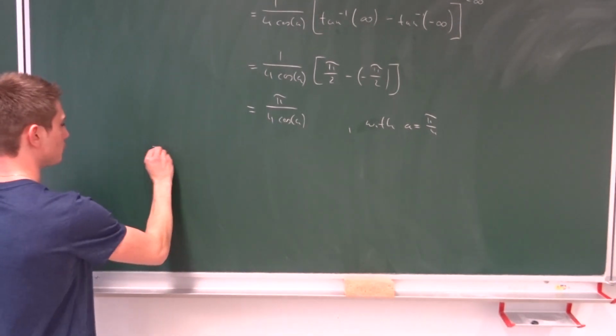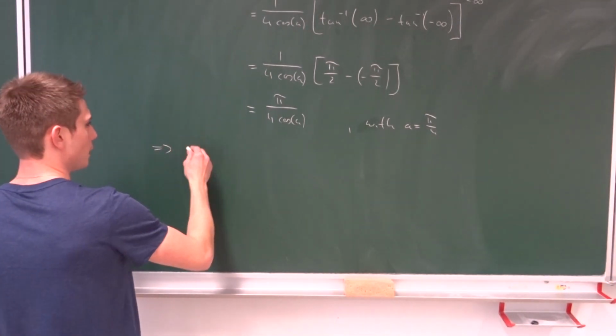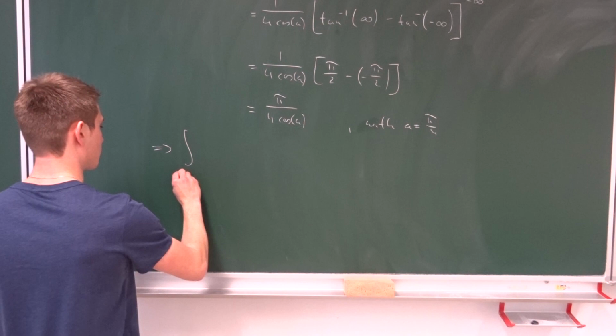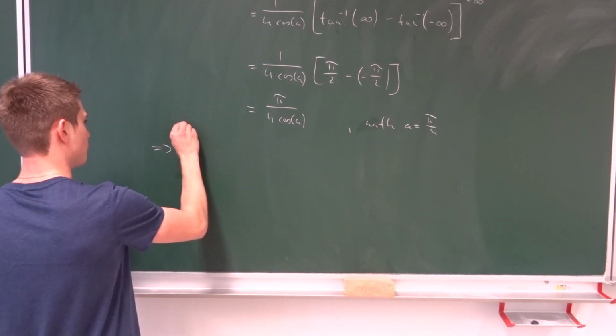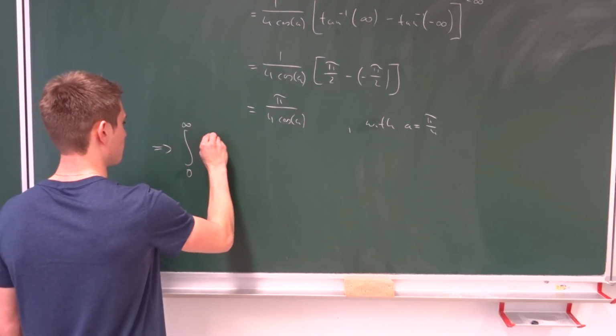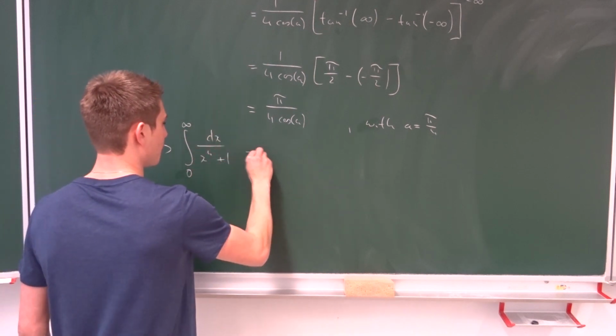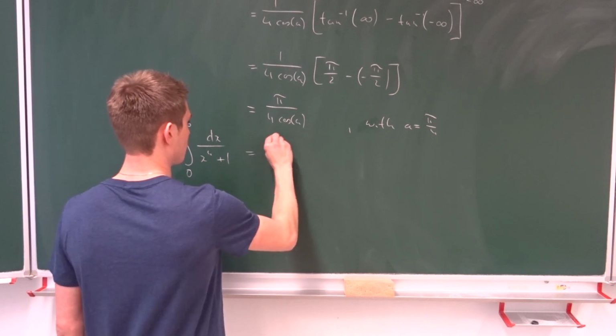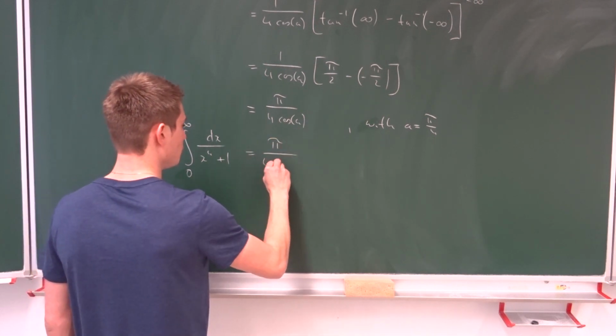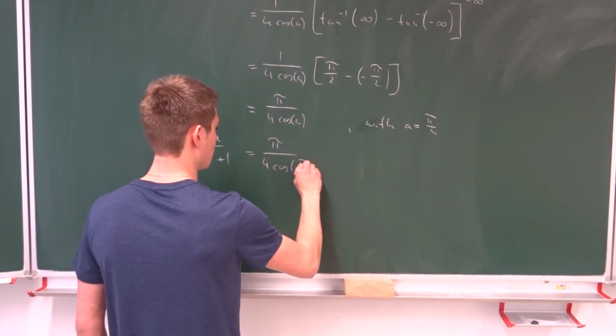So that means our integral from 0 to infinity of dx divided by x to the 4th power plus 1 equals pi divided by 4 times the cosine of pi over 4.